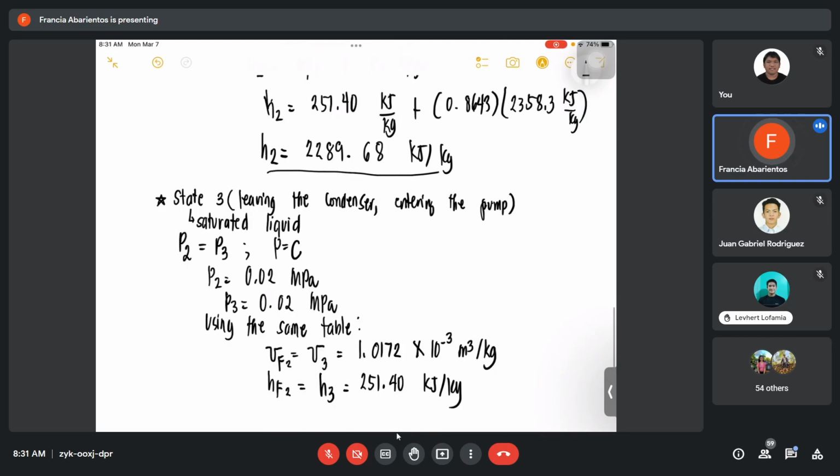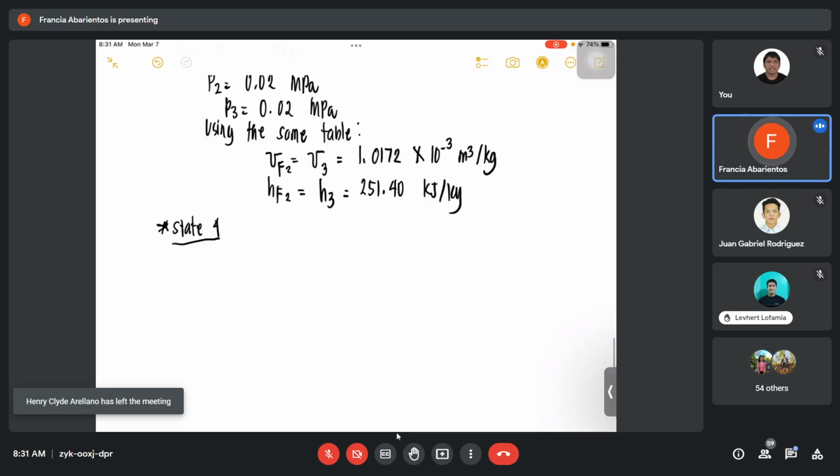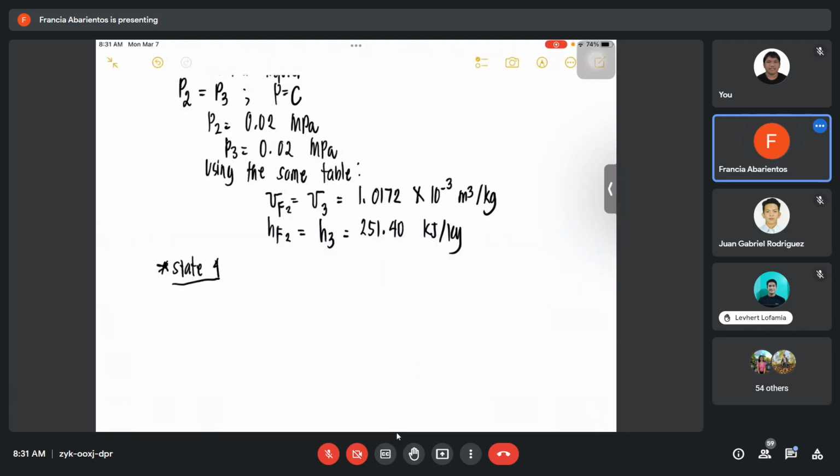So we now proceed in solving state 4, class. In state 4, we don't actually use the steam table but prefer to use the energy, or the approximate work of the pump. Usually, to get H4, we make use of the work of the pump.